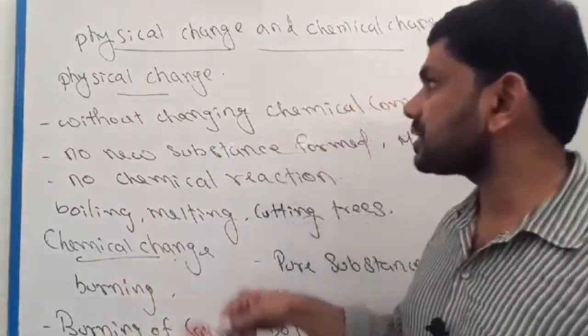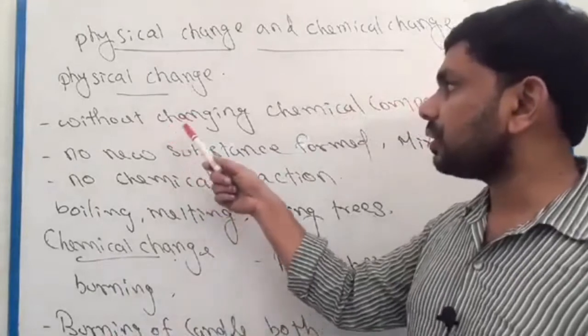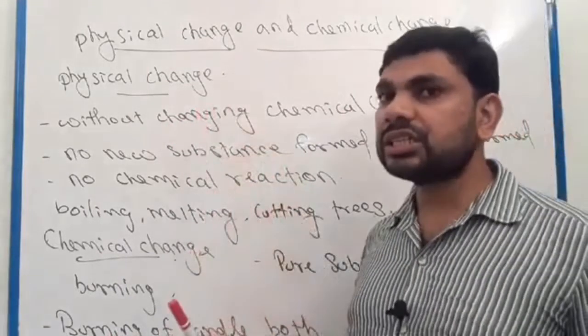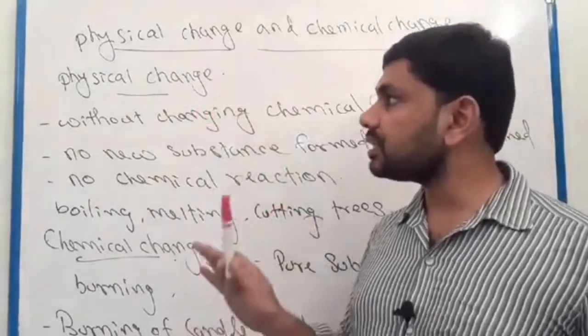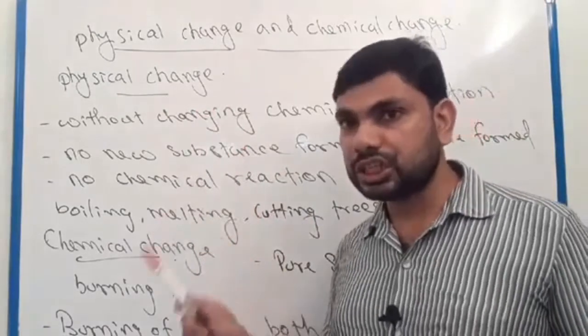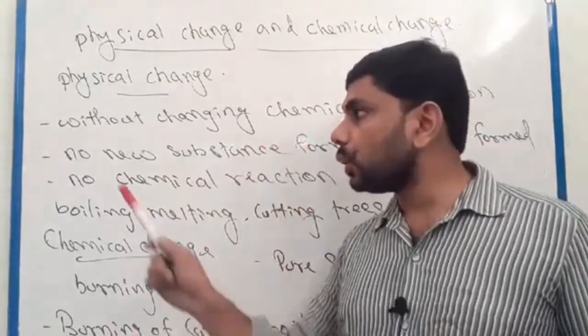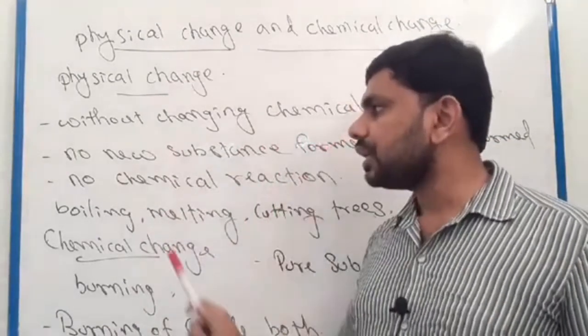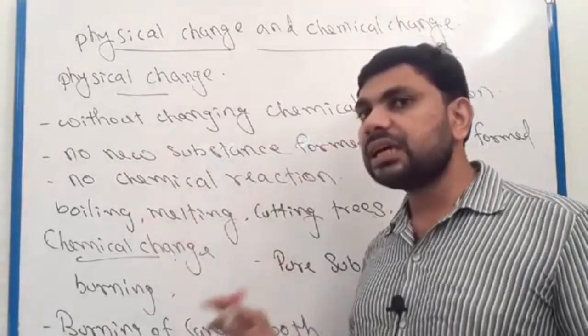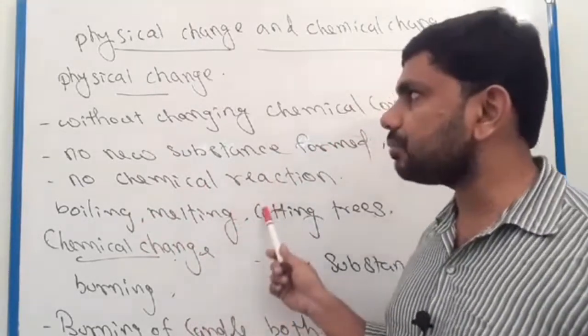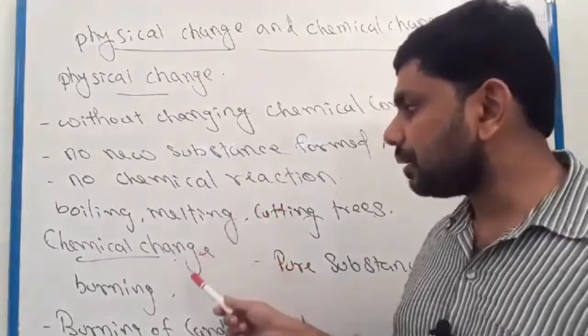So here we discuss physical change. Physical change means there is no chemical composition change. Also, there is no chemical reaction, no new substance formed. Boiling, melting, freezing, cutting of trees, these are examples of physical change. Then chemical change.